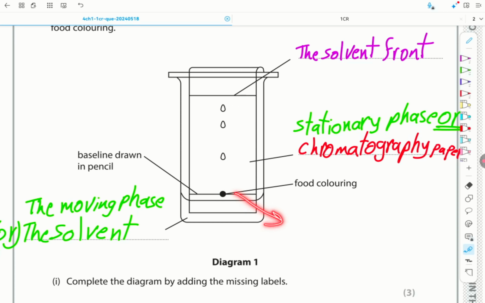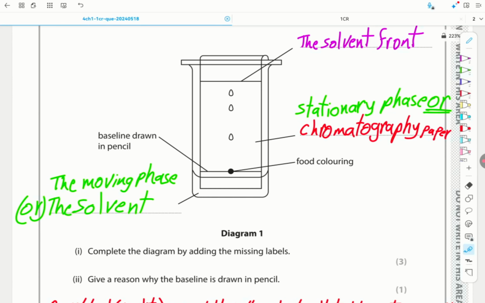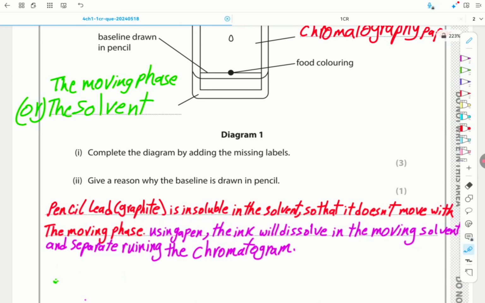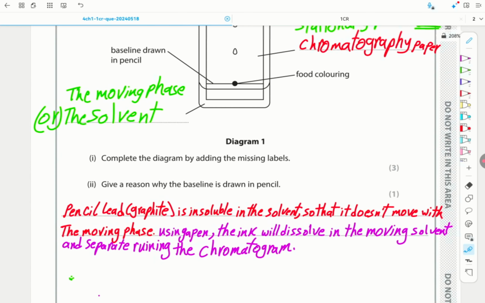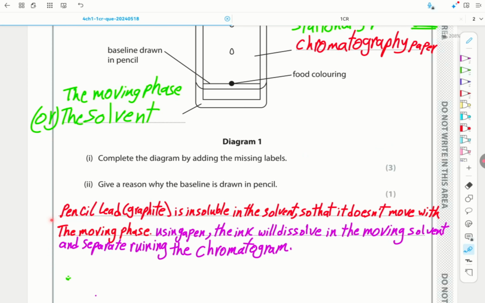The pencil is made up of graphite, and graphite generally is not soluble in the solvents, specifically the traditional solvents, for example water, methanol or ethanol, which are the most common solvents used.